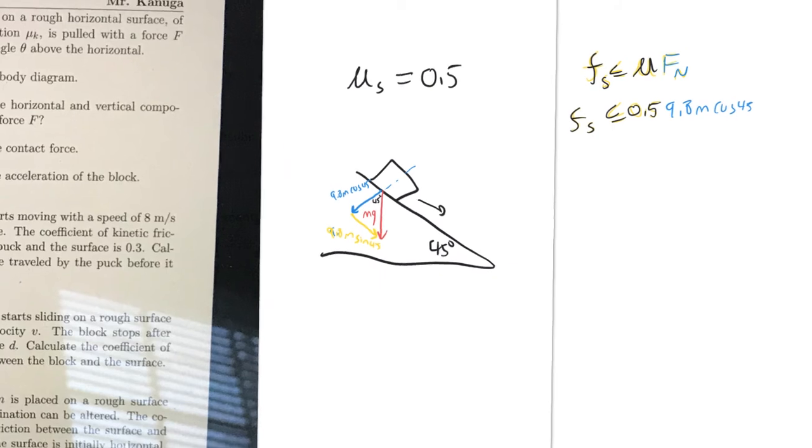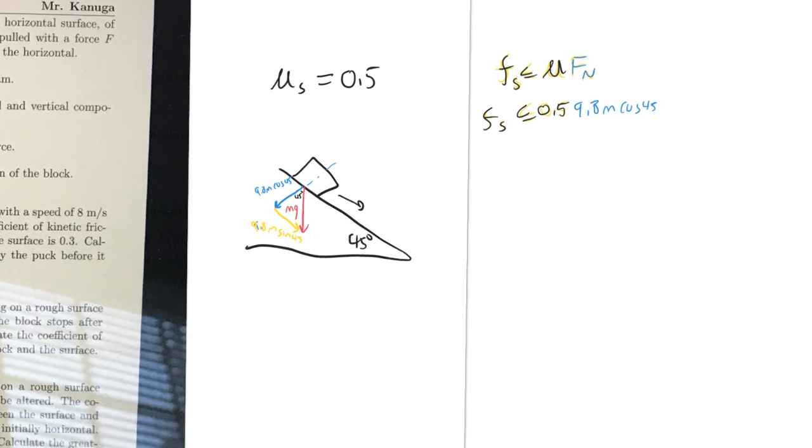Well, what I'm going to do is just assume it is. I'm going to say 9.8, let's assume it is greater, or I should say greater than or equal to this force here, 0.5 times 9.8 times mass times cosine 45.